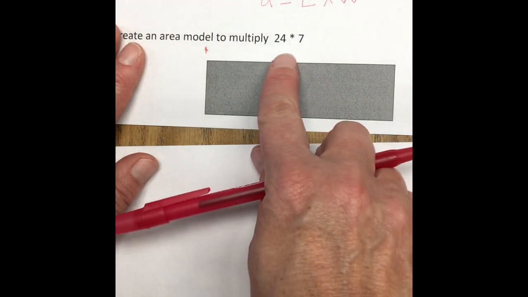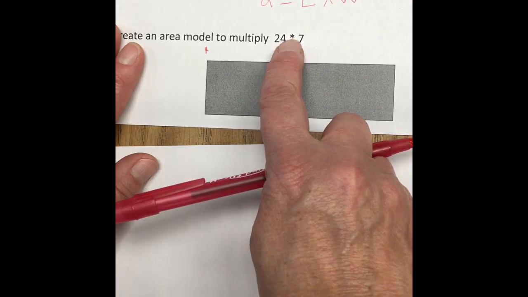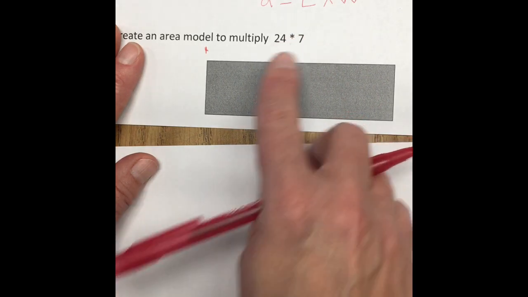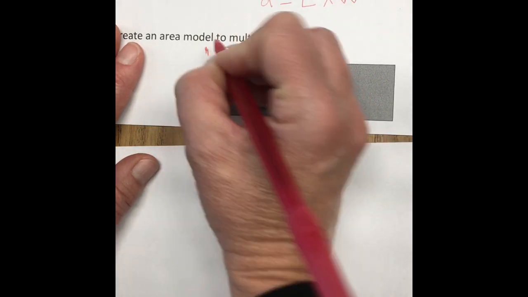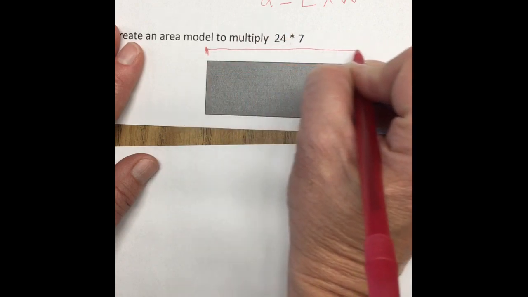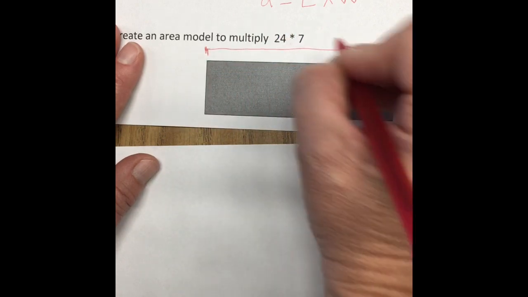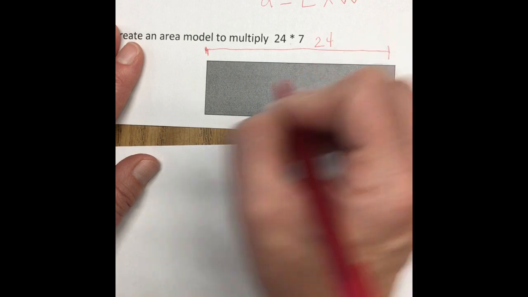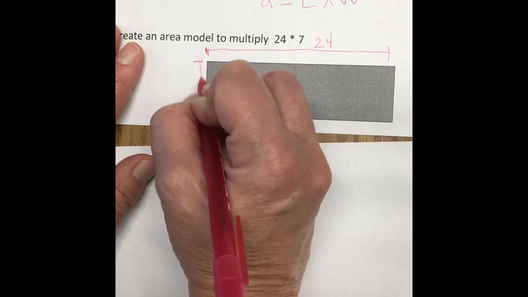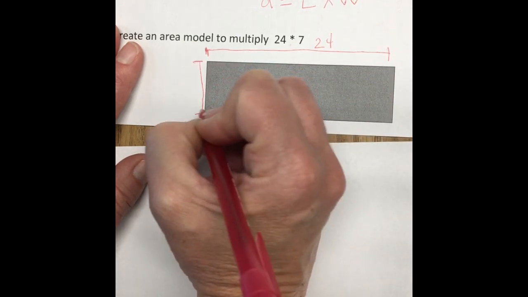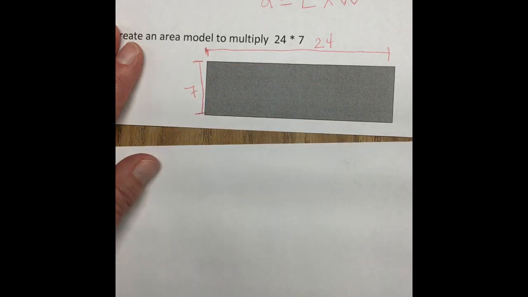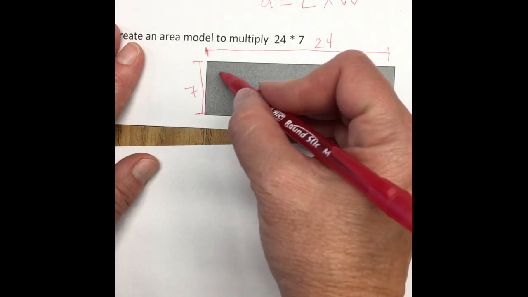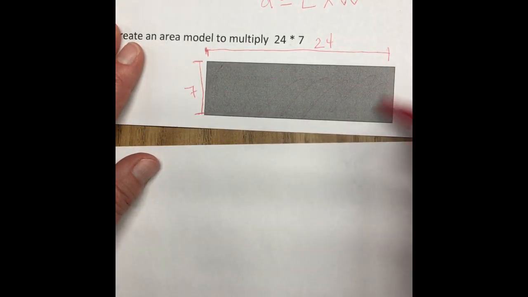So I could take the original amount, and that little symbol there is the same as a multiplication symbol. So I could say, well, the full length of this rectangle is 24. And then the full width of this rectangle is 7. Okay, and that would tell me the area, the two-dimensional area of this rectangle here.